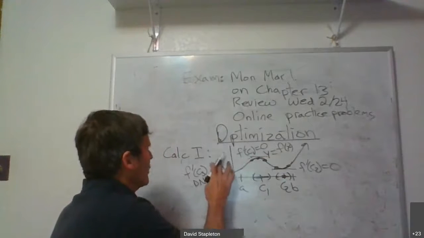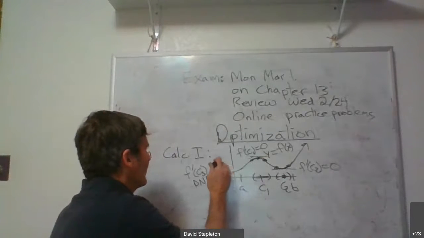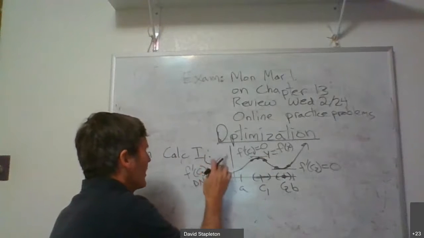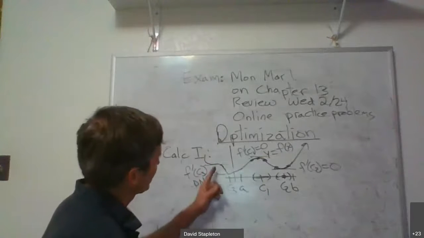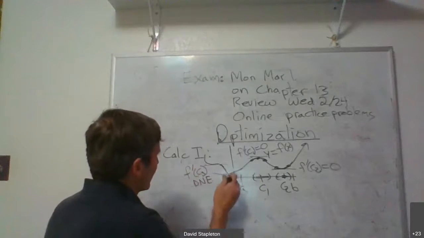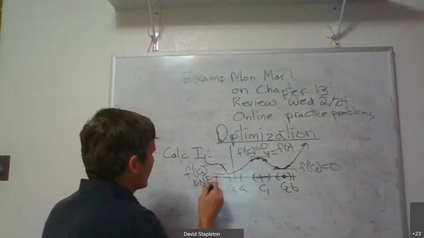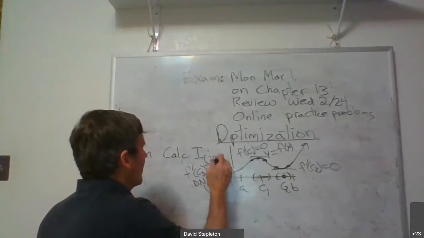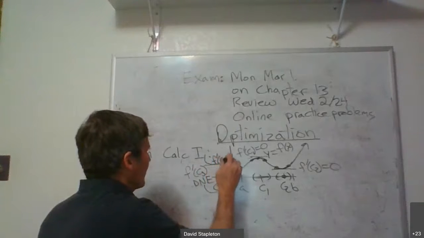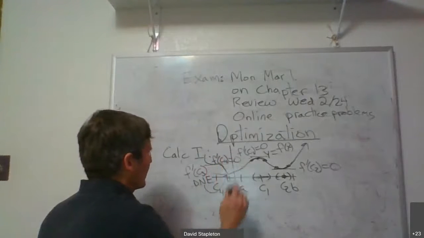And then you could have critical points like this, c4, where there's a horizontal tangent line if I draw it right. But it's neither a maximum nor a minimum because it goes up on one side and down the other. So here's a point where the derivative doesn't exist, and then c4 is another stationary point, a point where the derivative is 0.